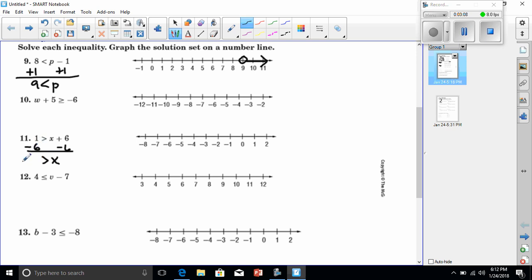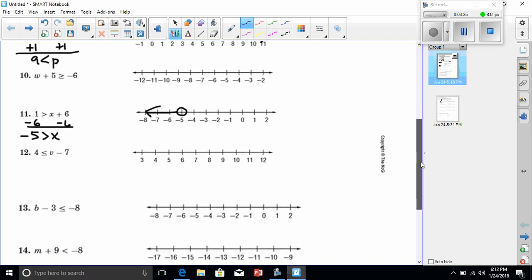And 1 minus 6 is negative 5. So I'll go to negative 5. It is not equal to, so again, I'll put a circle. And I know that negative 5 is greater than x. So that means x is less than negative 5. So I'll put my arrow pointed to the left.